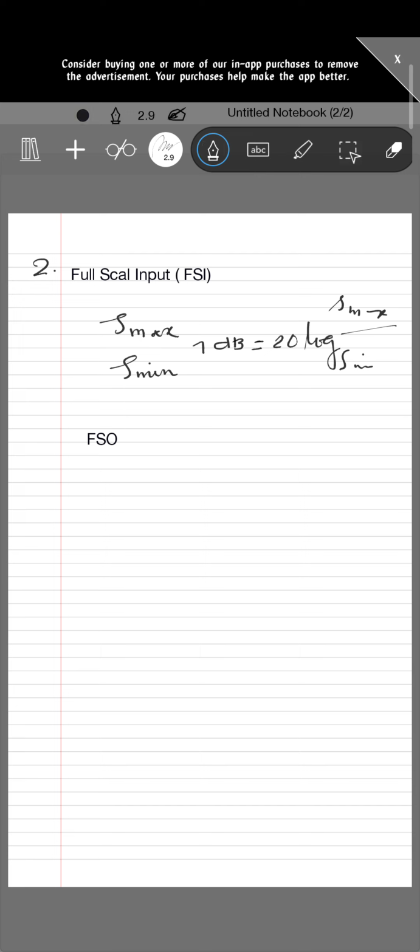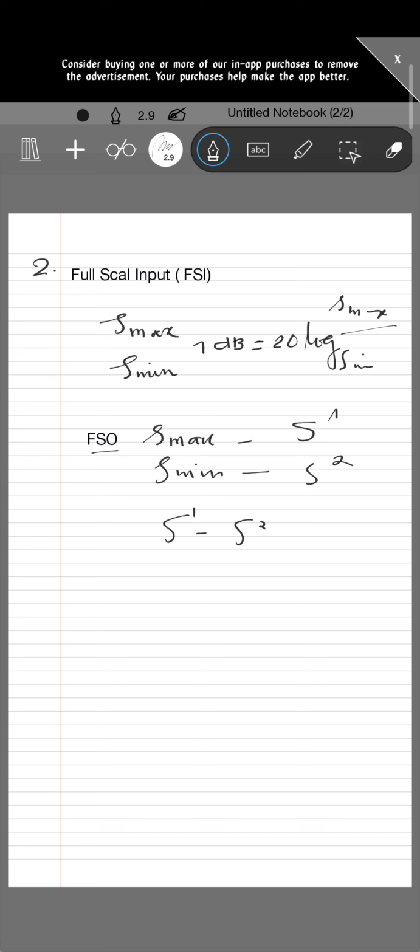So if S max provides an output, say S1, which may not be capital S max, and S min provides an output S2, then the difference between the two is called the full scale output.